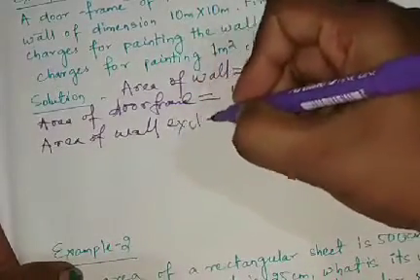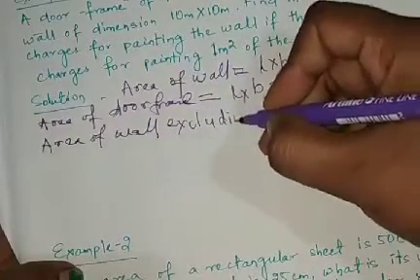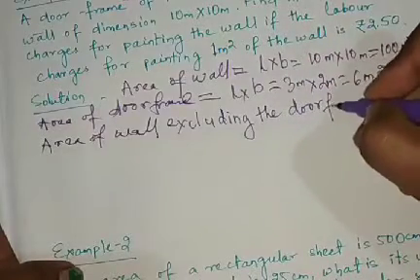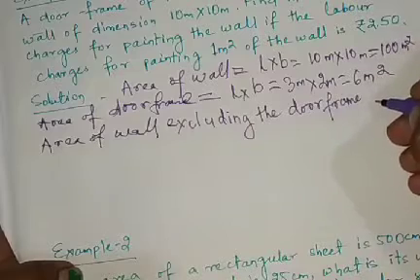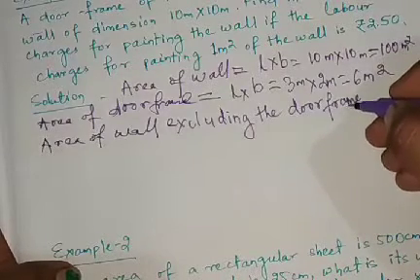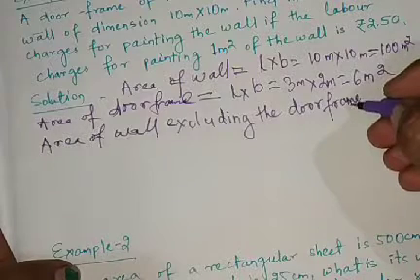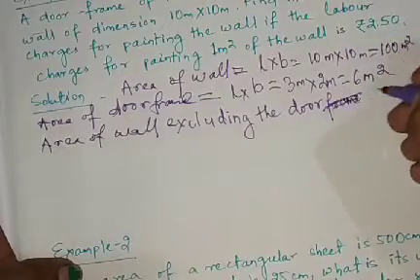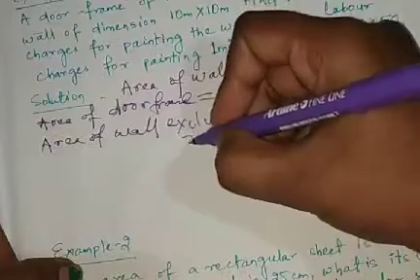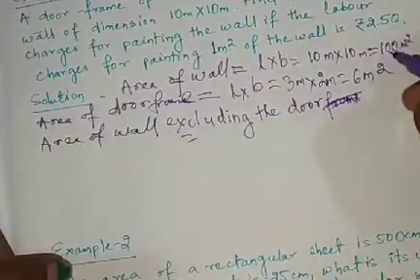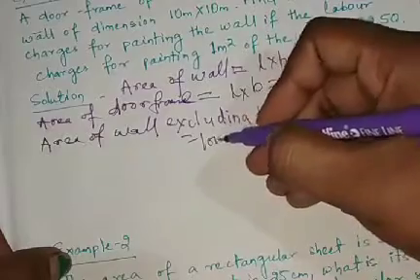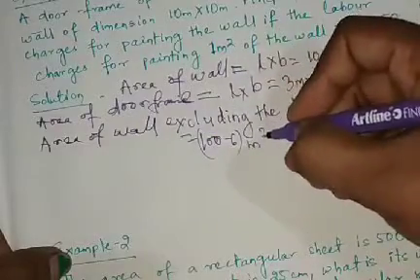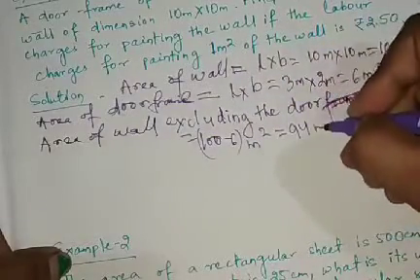Area of wall excluding the door frame, or excluding the door, equals 100 minus 6 square meter, that is 94 square meter.